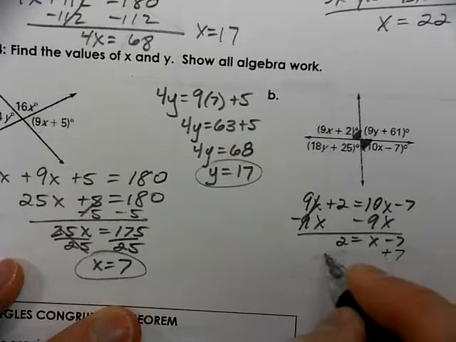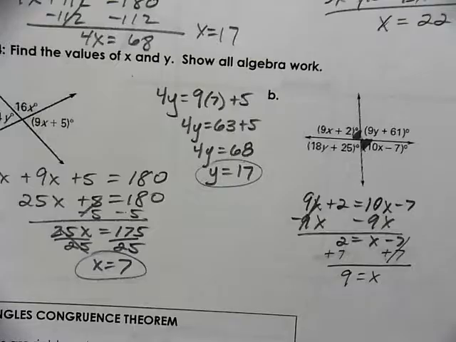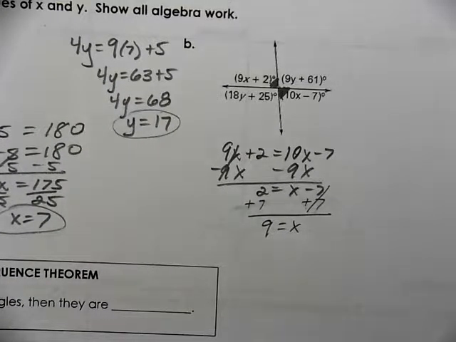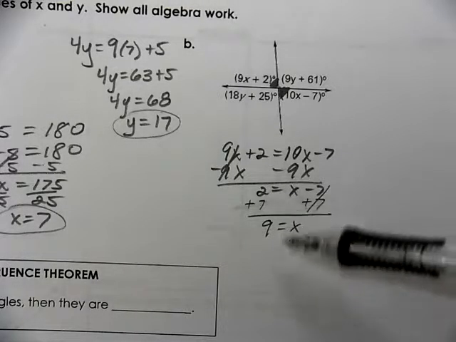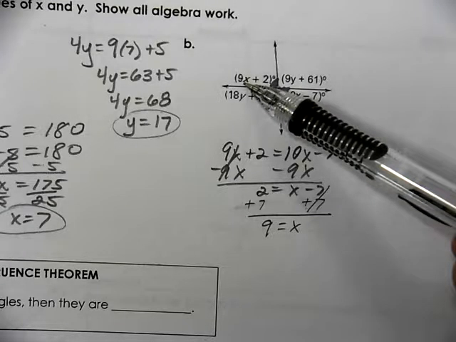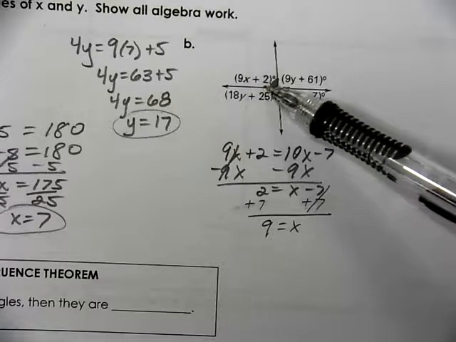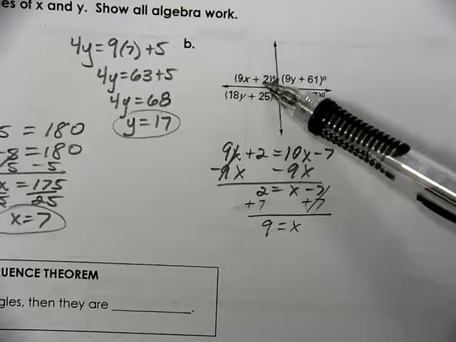I think I was getting ahead of myself there. So x is going to be 9. If x is 9, how are we going to calculate what y is? You could plug the 9 back in. 9 times 9 is 81 plus 2 is 83.